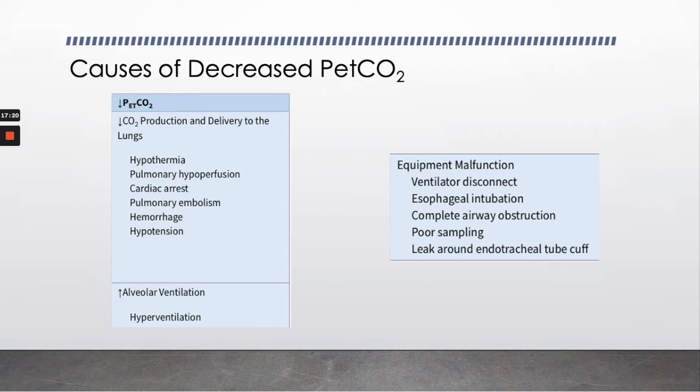So if we have a ventilator disconnect, esophageal intubation, complete airway obstruction, poor sampling from our sampling lines to our analyzers, and a leak around the endotracheal tube cuff. If the cuff is leaking, we would see a decrease in end tidal on our capnograph.